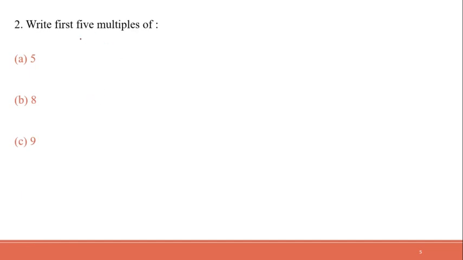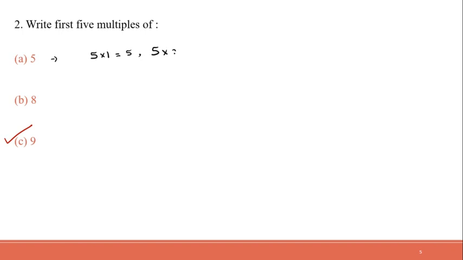Now let's come to this one. In this question, we are asked to write the first 5 multiples. It is very easy. I'll leave this question as homework and do the first questions for you. The first 5 multiples means we'll start multiplying with 1. 5 into 1, 5.